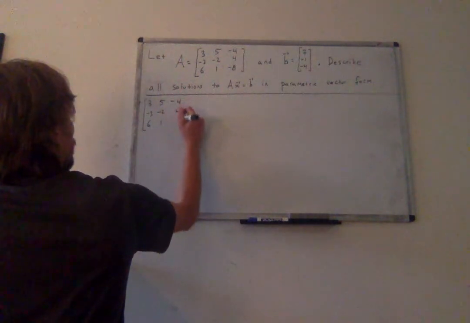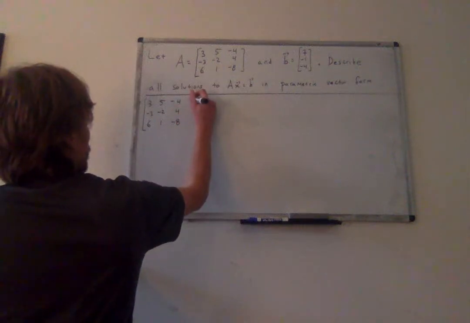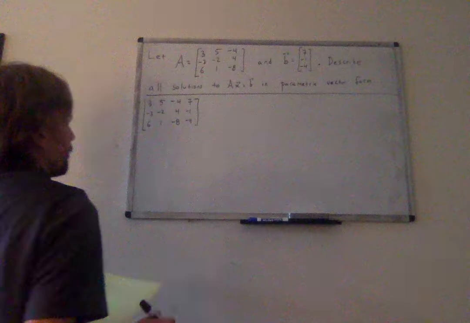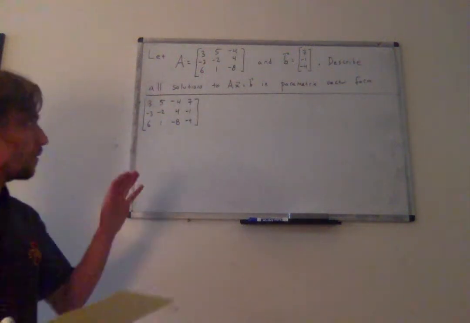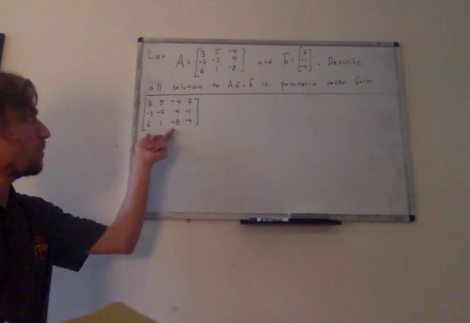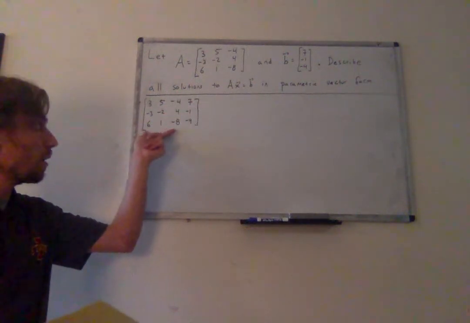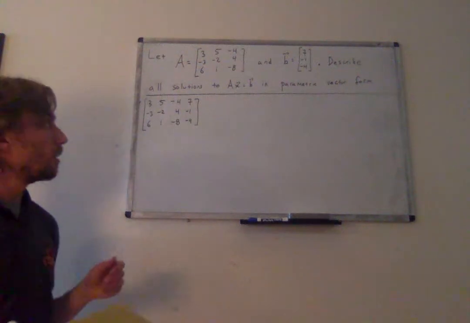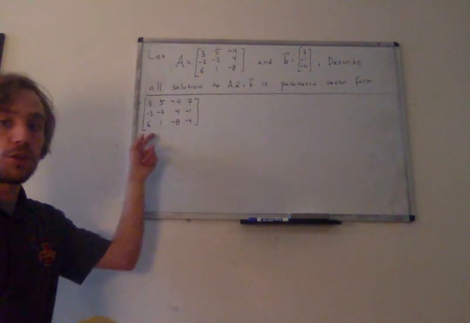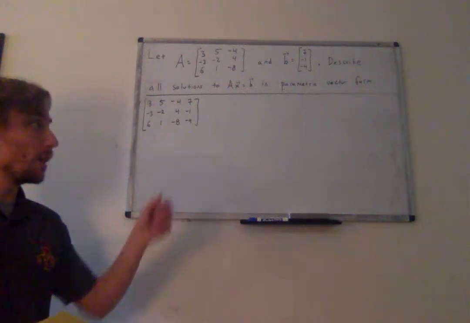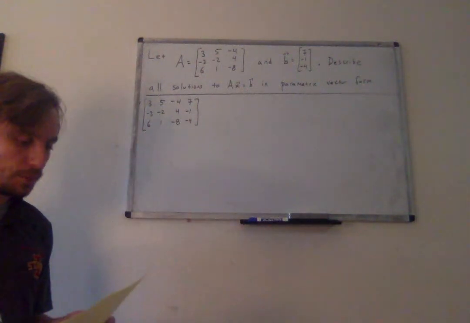And the reason I want to do this is because I think it will be an interesting example of what I was describing last video, that this last column is going to have no effect on what my final row reduced echelon form is. So the row reduced echelon form, the first 3 columns here are going to be identical to the first 3 columns when I had zeros here.